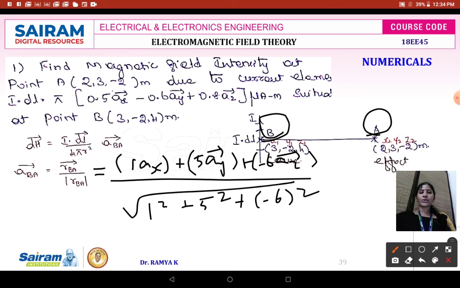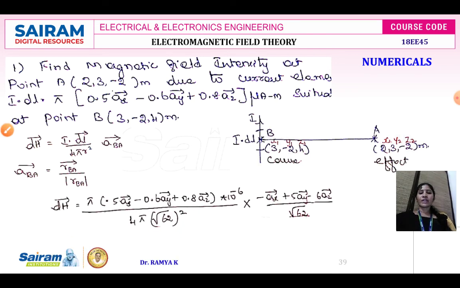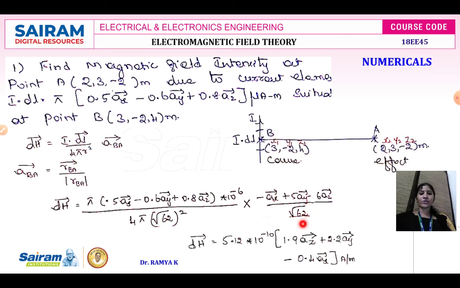This gives the unit vector, and the magnitude of the distance between the two points is root 62.